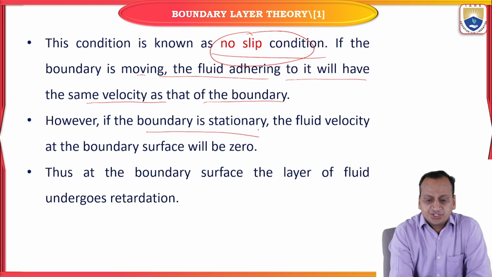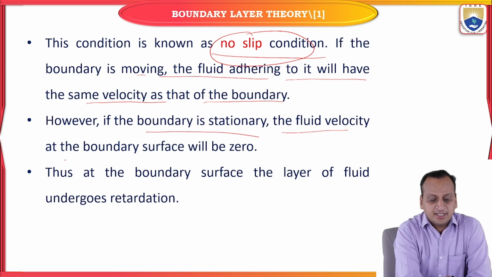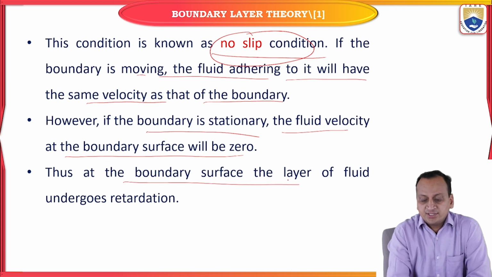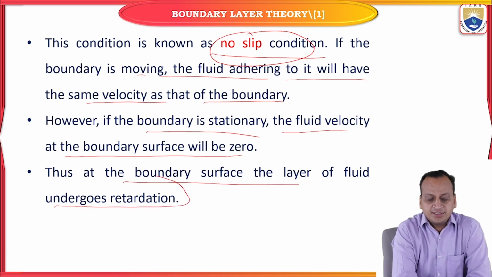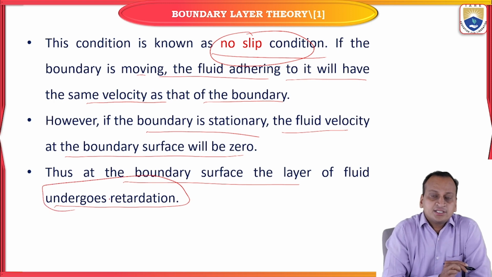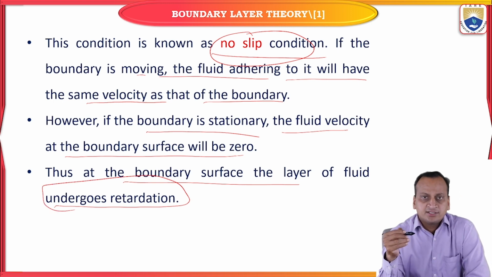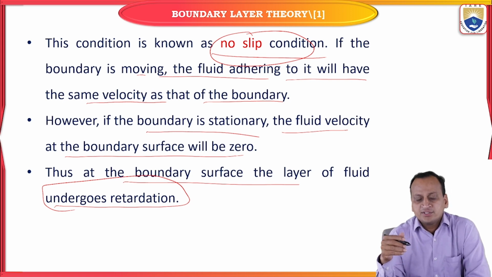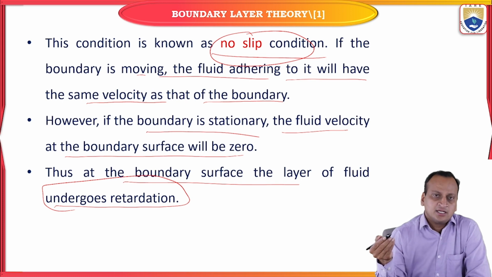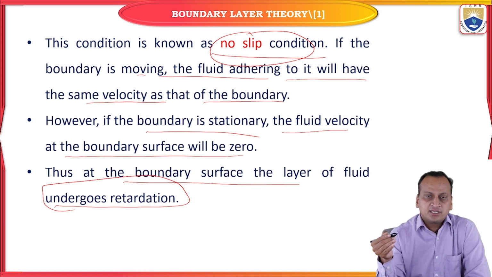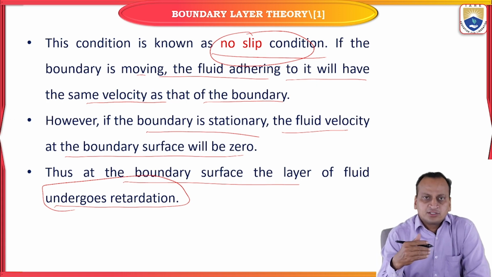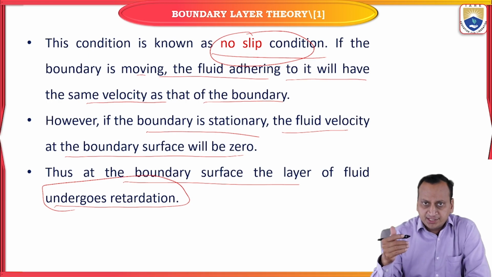However, if the boundary is stationary, the fluid velocity at the boundary surface will be zero. Thus, at the boundary surface, the layer of fluid undergoes retardation. When the first layer sticks to the solid body, the other layers adjacent to that layer are also subjected to retardation. Therefore the region in the neighborhood of the solid body undergoes retardation.